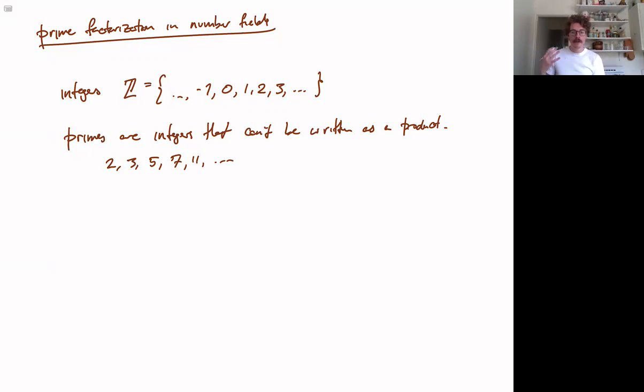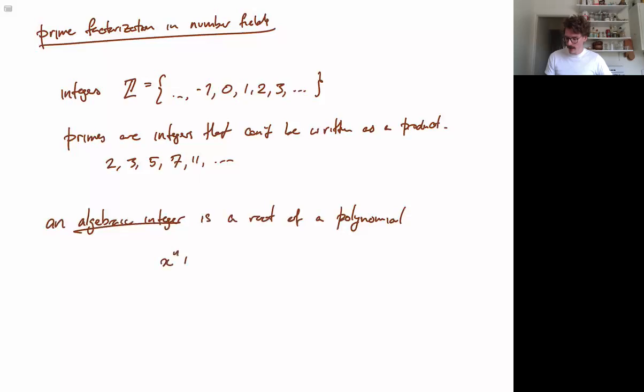So I want to introduce a slightly more general notion of integers and primes and see where that leads us. So an algebraic integer is any number which is a root of a polynomial of the form x to the n plus constant times x to the n minus 1, etc., where, first of all, you will notice that the coefficient of the highest term is 1, which is to say that your polynomial is monic.